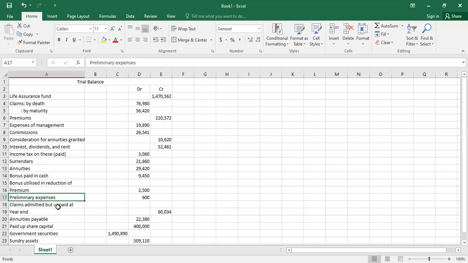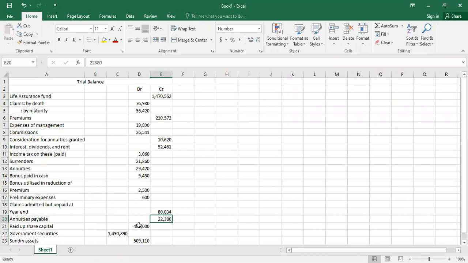Yes, there is the right column, but you're going to adjust them in the revenue account. Then I have annuities payable. They are payable, so you are supposed to put them on the other side. They'll be current liabilities in the balance sheet because they are accounts payable.